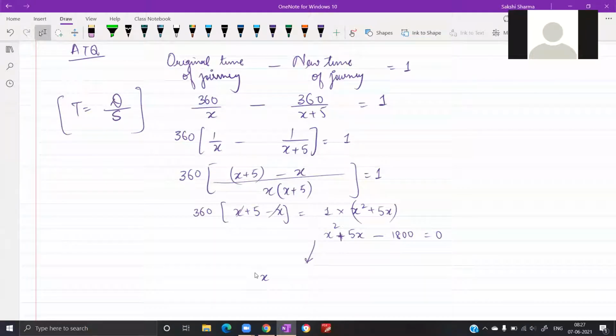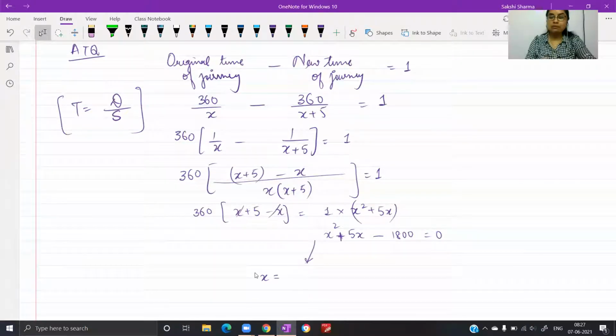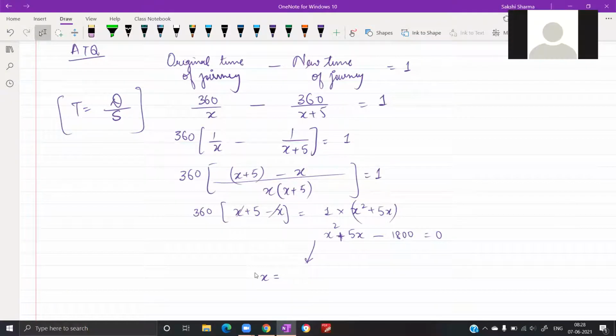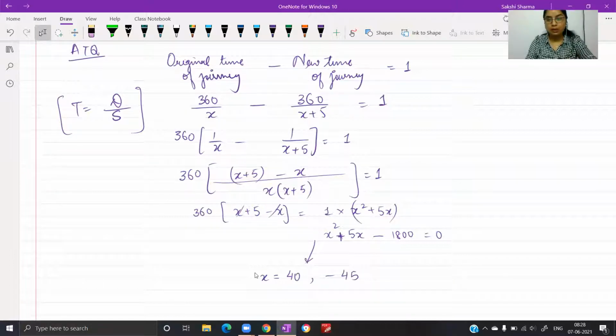Yes, ma'am. Can you give me the answers you obtained? You would have obtained two answers. 40 and minus 45. These are the two answers you obtain either by factorization or with the help of the quadratic formula. Since the speed cannot be negative, the second value will be rejected. The speed of the train is 40 kilometers per hour.